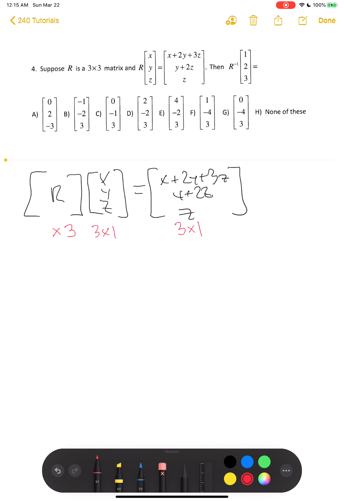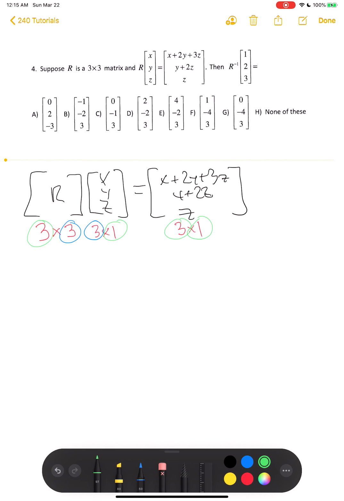So I need 3 by 3 here. And we can check again that these add up. So these have to be equivalent, which is great. And then the matrix that remains is 3 by 1, which is exactly how we have it set up. So even if you don't write it out like this, it is just good on exams to get a sanity check and make sure your matrix that you're looking for is the right size.